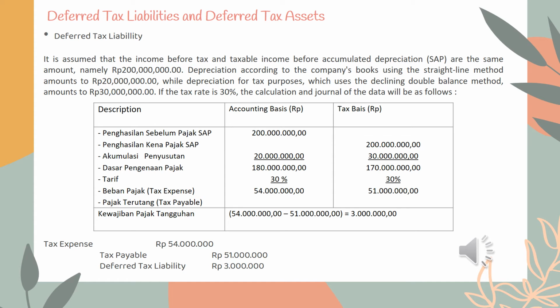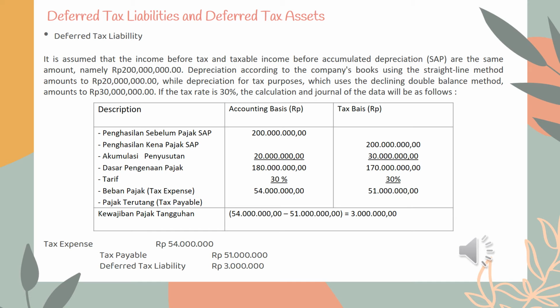Okay, the next is the example for deferred tax liabilities and deferred tax assets. For the deferred tax liability, it is assumed that the income before tax and the taxable income before accumulated depreciations are the same amount. It is 200 million rupiah.